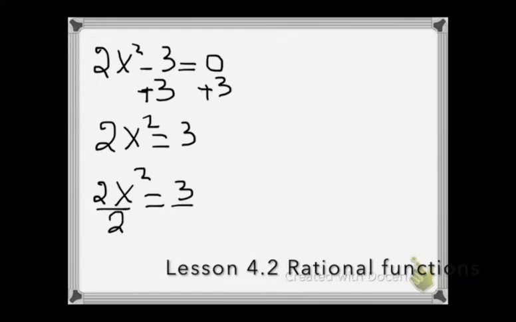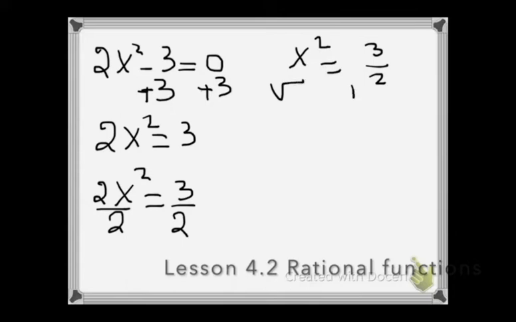Over 2 over 2, I will have x squared equals 3 over 2. To get rid of the power 2, I need to do the square root on the left. I need to do the square root, and positive or negative square root, on the right.